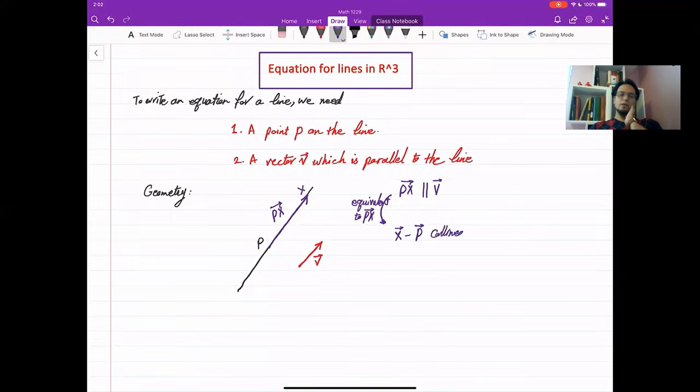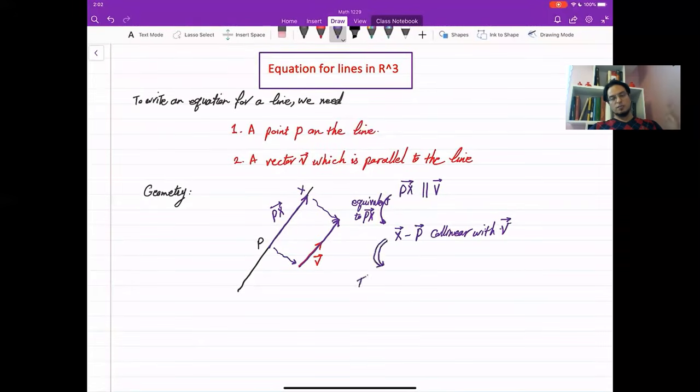And that is going to be collinear with our vector V. In other words, when you find the equivalent vector to PX, you basically transfer PX such that the initial point would be the origin, and then you will have two vectors.